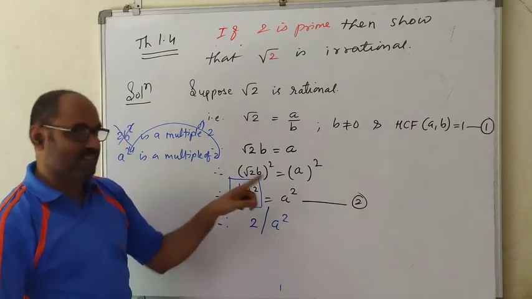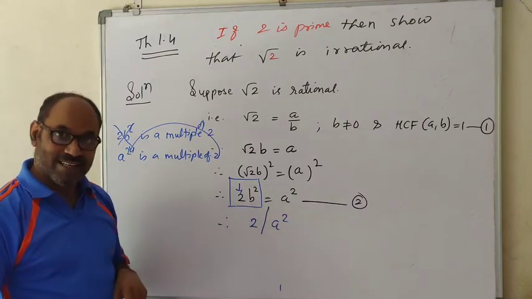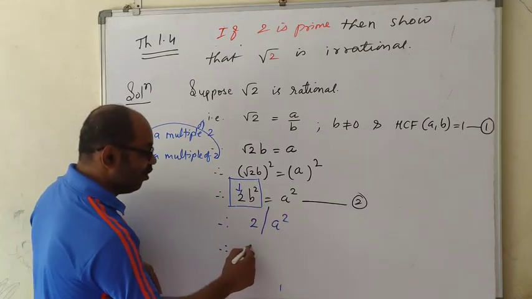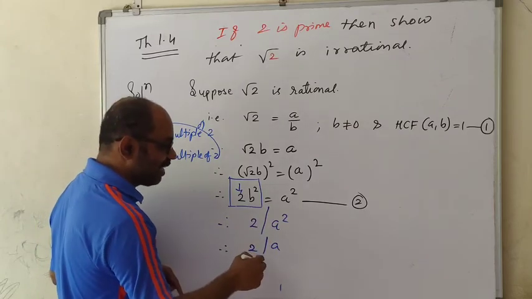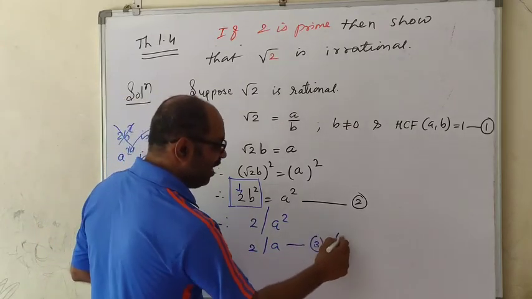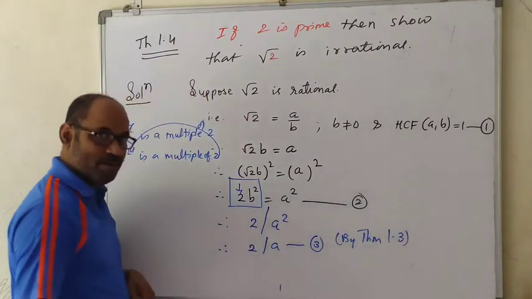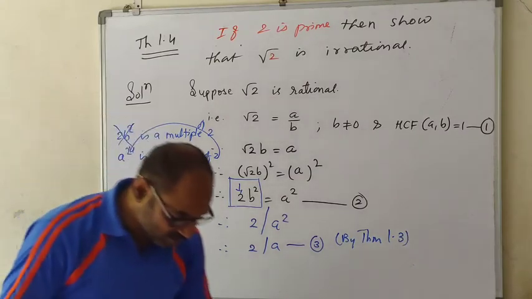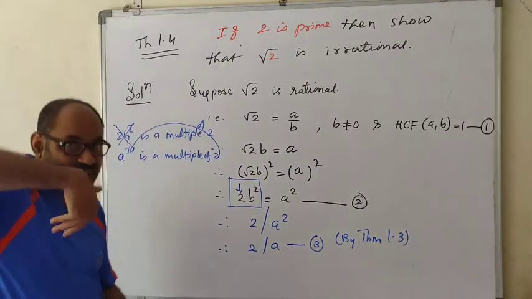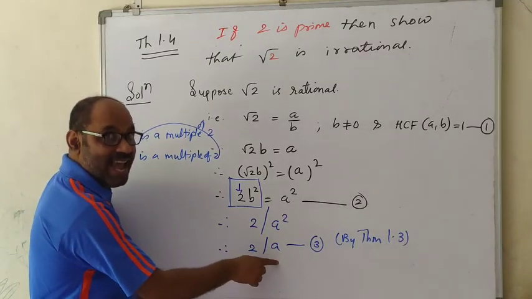So that means 2 is factor of a square. That means 2 divides a square exactly. Therefore, 2 divides a. If it divides a square, 2 divides a exactly. This is result 3 by theorem 1.3 if you remember. Okay. Now see what this says. Here there is a twist again. 2 divides a exactly.